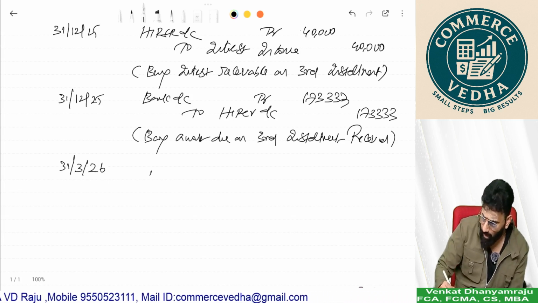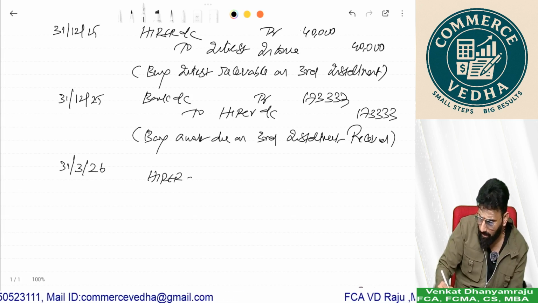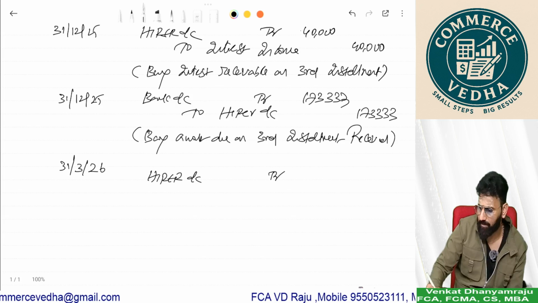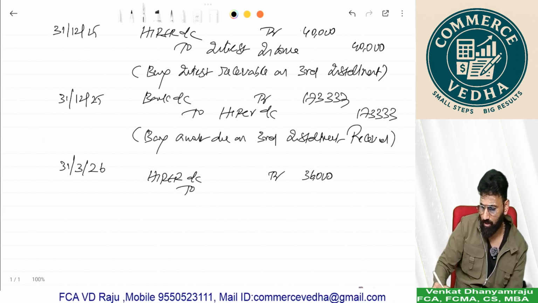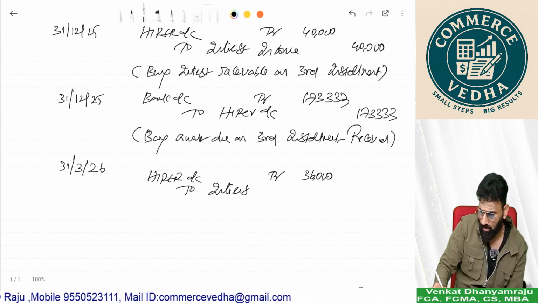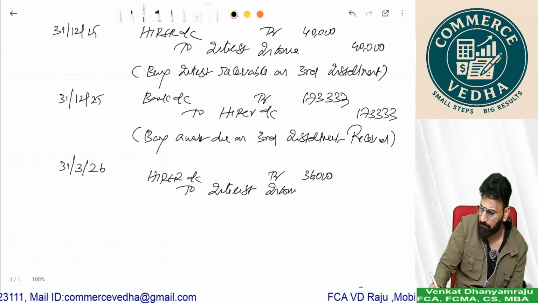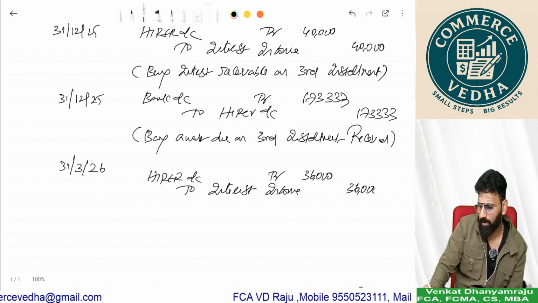Again, you will write hirer account debit 36,000 for interest to interest income 36,000.